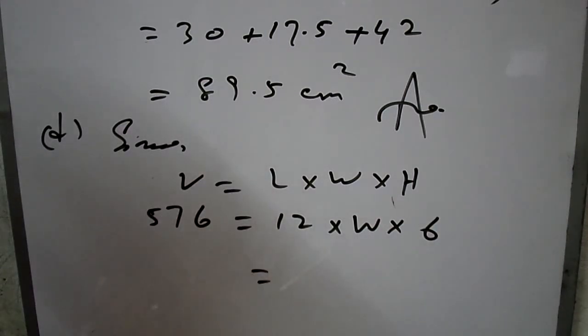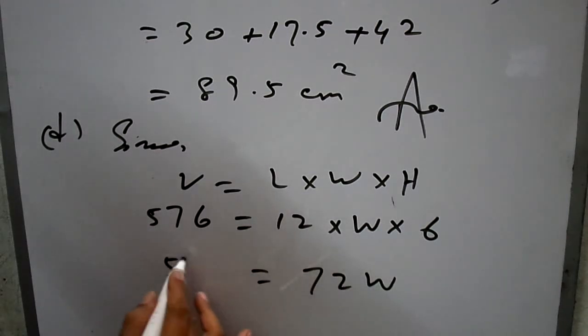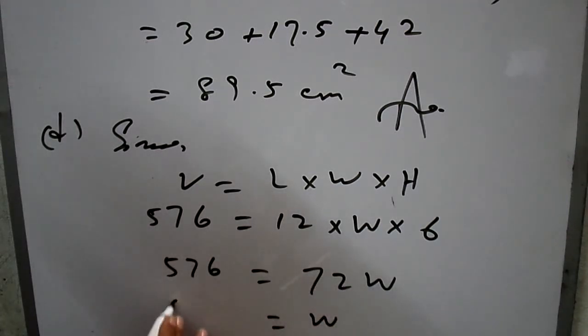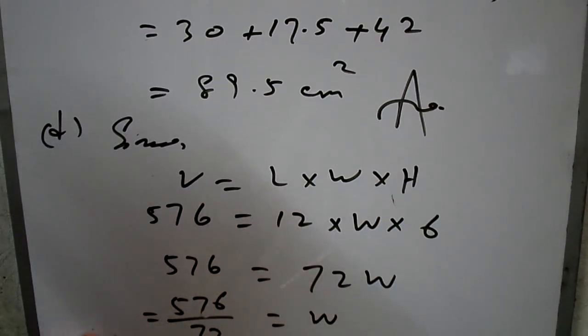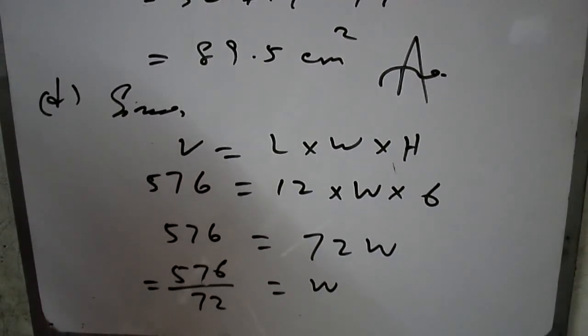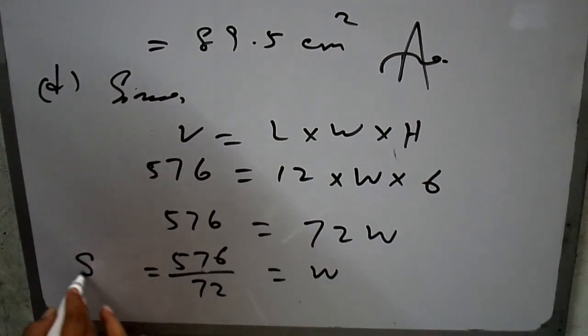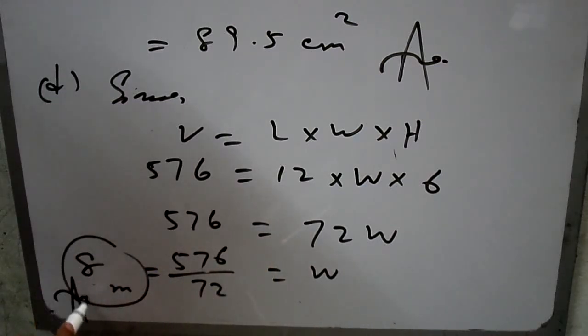By seeing table which has given in your textbook, now we have to find, that is 72 W 576. You need W 576 divided by 72, so you will get the result, that is 8 meter is your result. So because all the measurements are in meter, so therefore 8 meter is your required width.